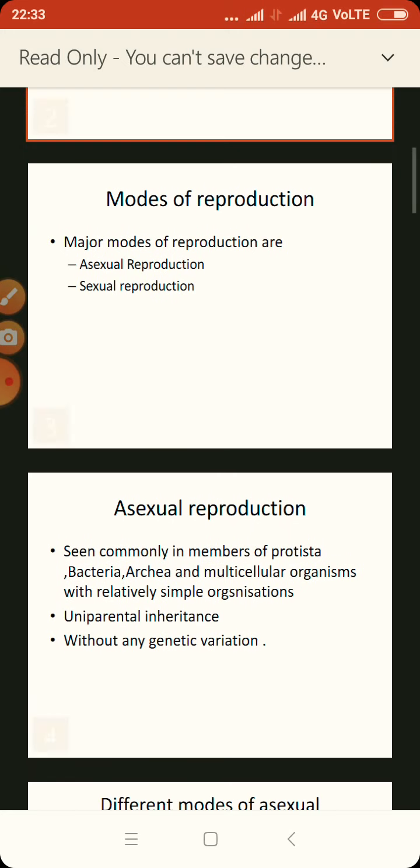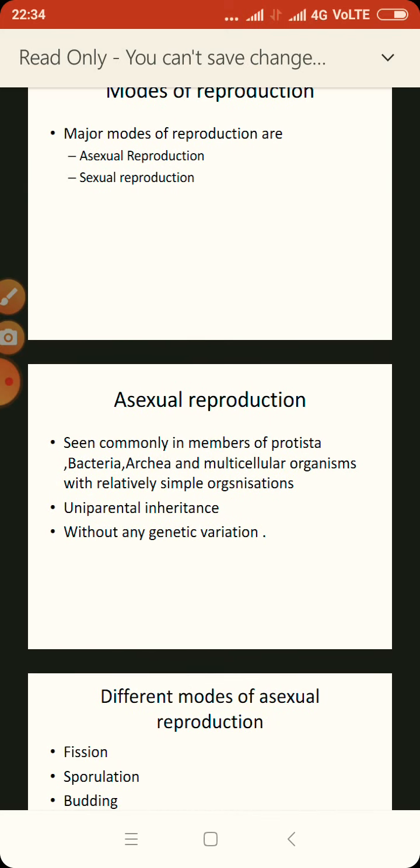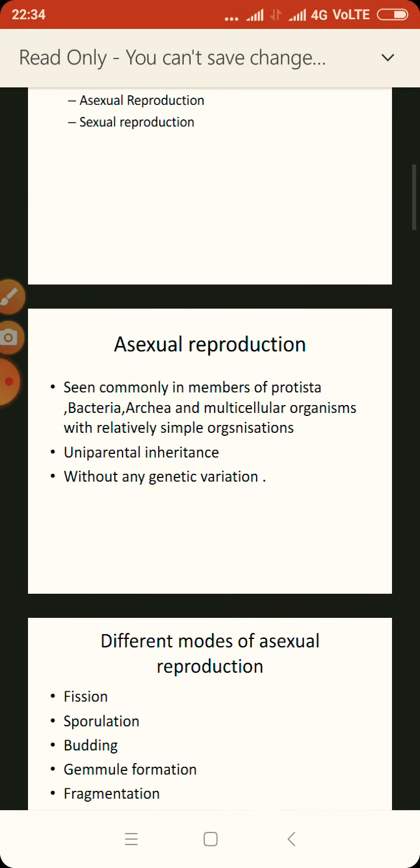Let's see some of the examples. You should note down this. It can be asked in the 2 mark questions: what are the organisms which undergo asexual reproduction. It's given as bacteria, archaea, and multicellular organisms with relatively simple organizations.